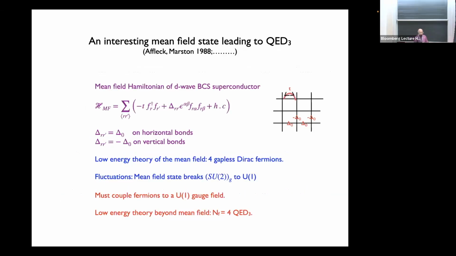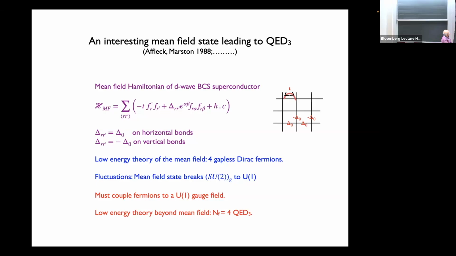So a construction of this kind that led to this QED3 theory actually originated and worked here at Princeton in the 1980s by Affleck and Marston, who were very much motivated by questions on high temperature superconductivity. So they took this parton construction, applied it to the square lattice antiferromagnet, and the mean field state that they found is the mean field Hamiltonian of a D-wave BCS superconductor with nearest neighbor hopping and nearest neighbor pairing.